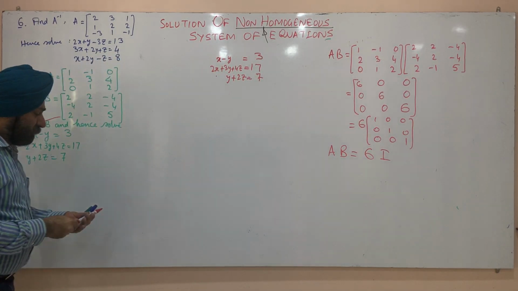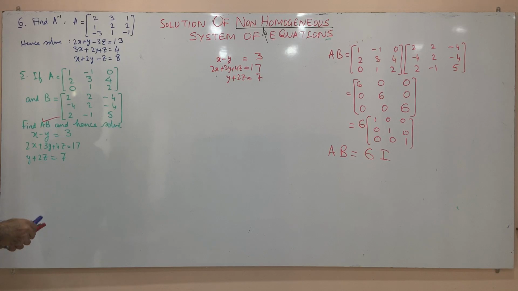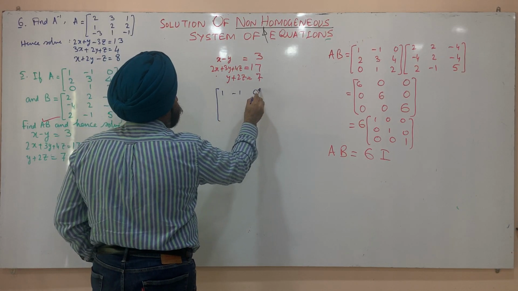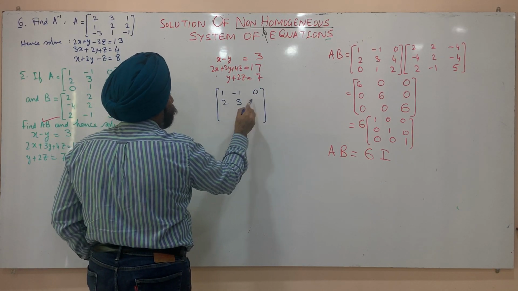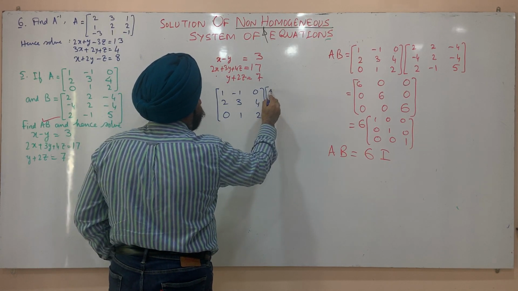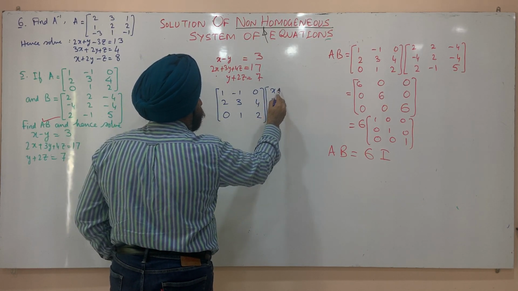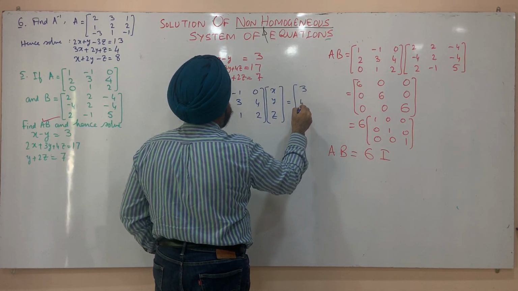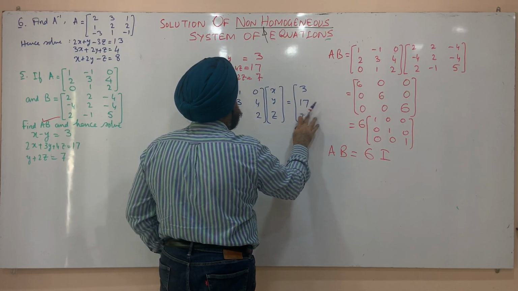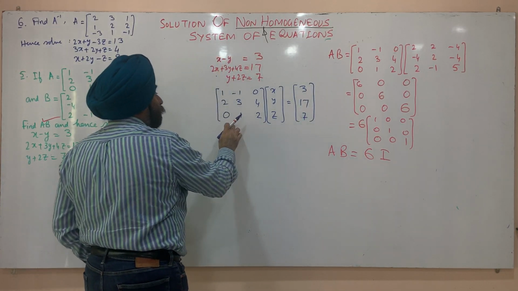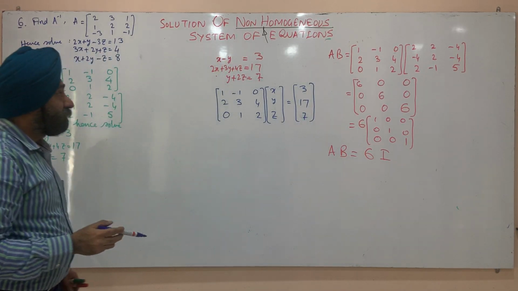To solve this system, we write this in matrix product form: the matrix 1 minus 1 0, 2 3 4, 0 1 2, into the column matrix containing unknowns x y z, equals the right hand side matrix B. This is 7. So we have this, and this is equal to this matrix.